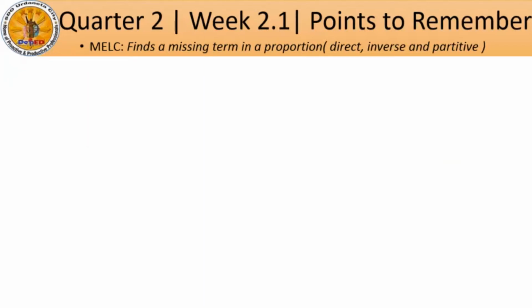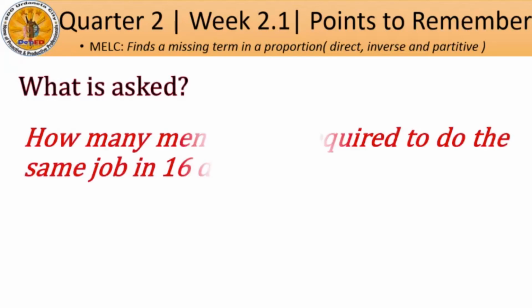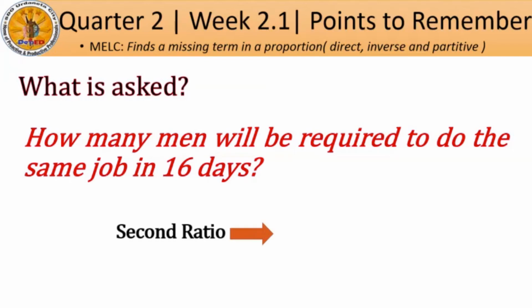In our problem, what is being asked? We have to find how many men will be required to do the same job in 16 days. From the statement, will you give the second ratio of our proportion? Correct. Our second ratio is the missing term is to 16.